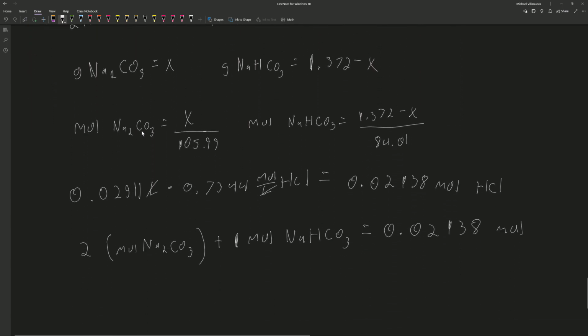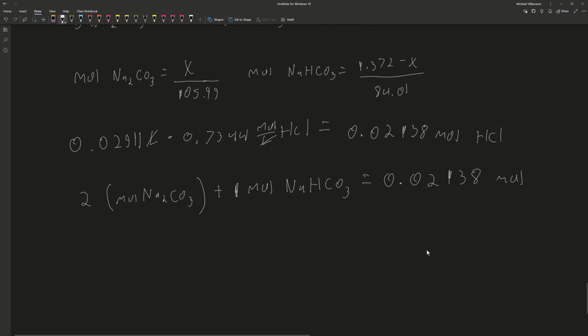So the idea here is we are going to combine everything that we have together now into a single equation. Because we have the moles of Na2CO3 here and the moles of NaHCO3 here, and an equation equating the moles of Na2CO3 plus the moles of NaHCO3 to the total moles of HCl, which is the amount of everything in the solution. So let's combine these two equations into a single one.